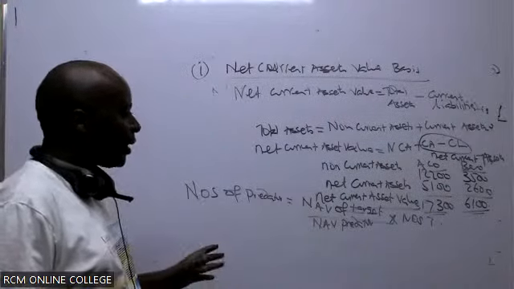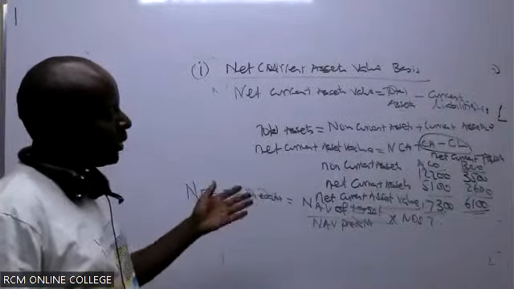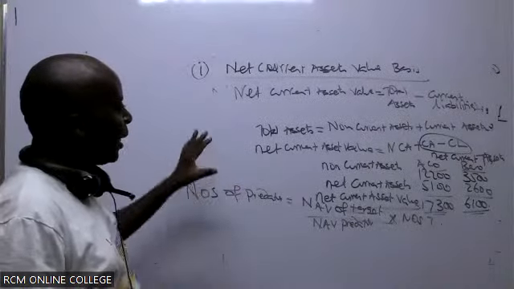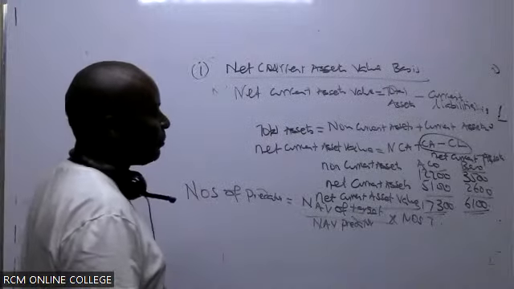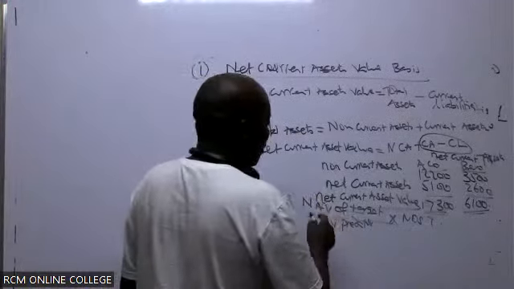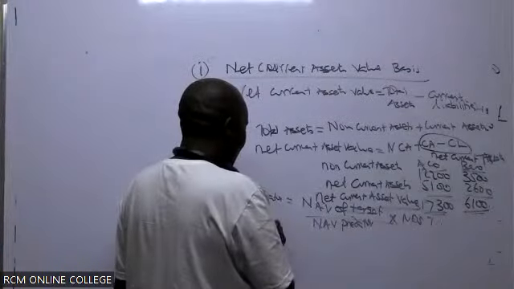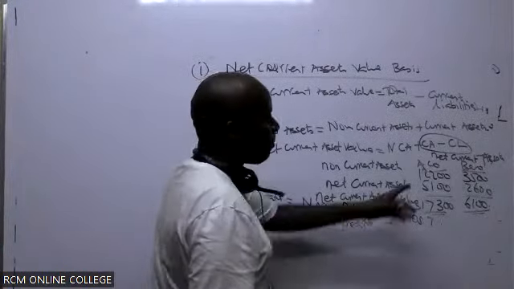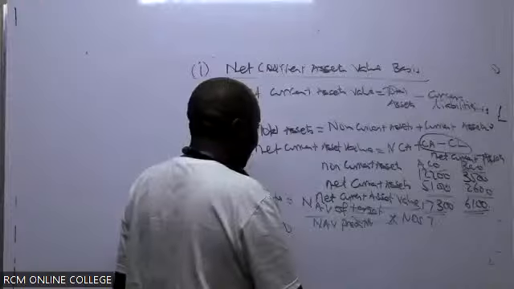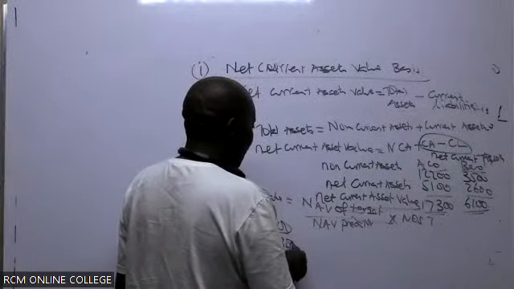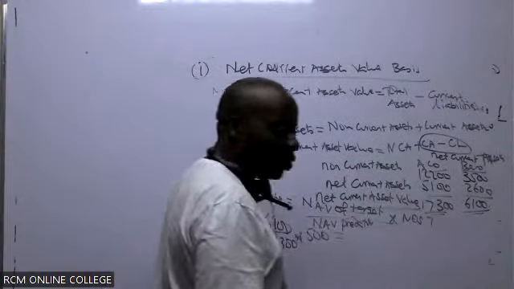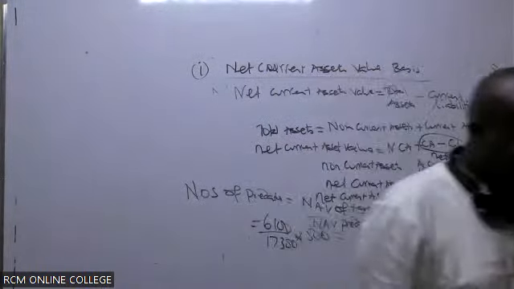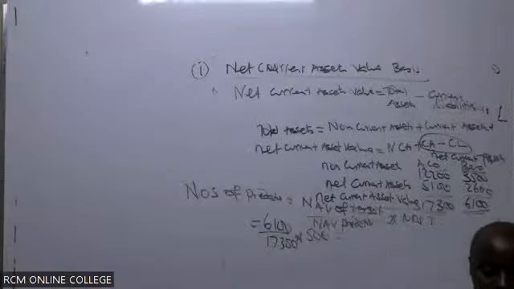Very important, so that when I come to repeat this concept, it will become clearer, and I'll be able to explain why you need to use both methods in an exam. So our net asset value using this will be 6,100 for Bero, which is the target, over 17,300 times the shares of the target company, 500. So what are we able to get, ladies and gentlemen?